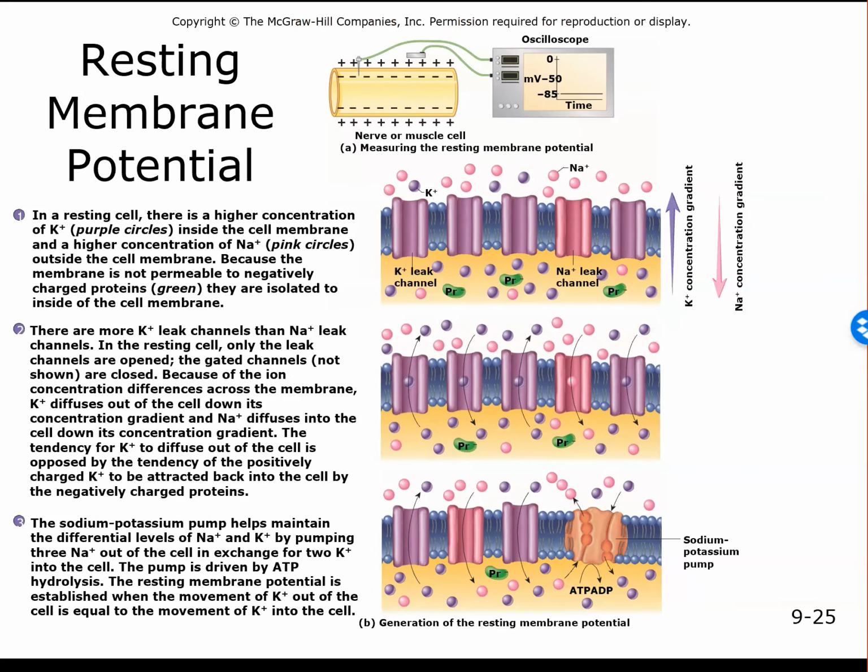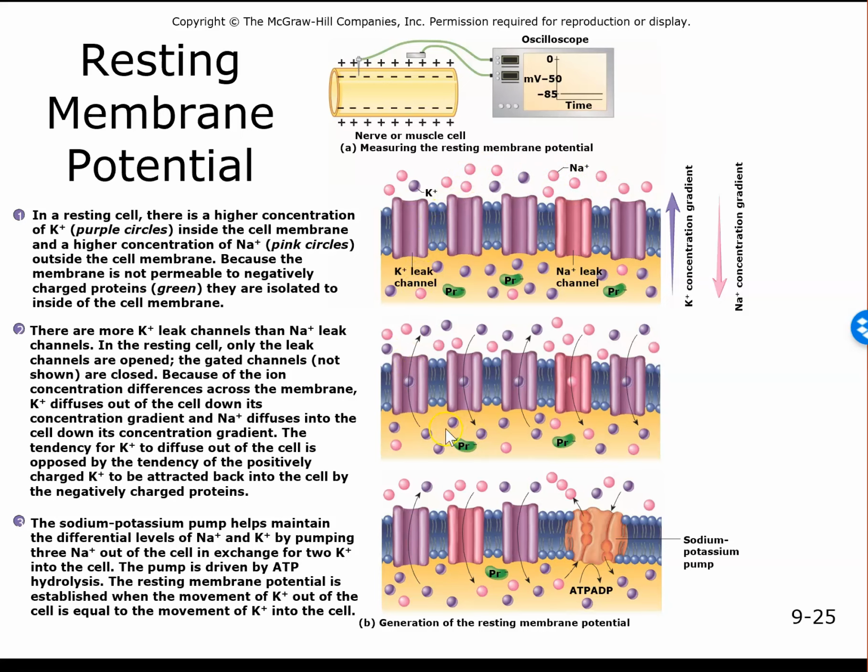So with our resting membrane potential in our resting cell, we have our purple ions here that are representing potassium, and we have more of those inside the cell. We've got our green negative proteins here. And our pink ions are representing sodium, and we see more of those extracellularly.